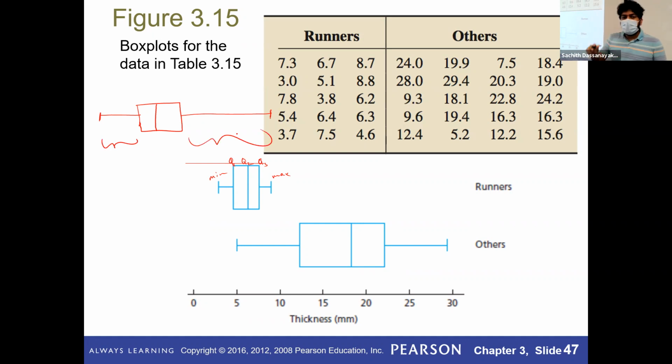You can see, let's say this is L1, this is L2. Okay, so you can see L2 is greater than L1, which means this distribution has a tail on your L2 side, something like this.